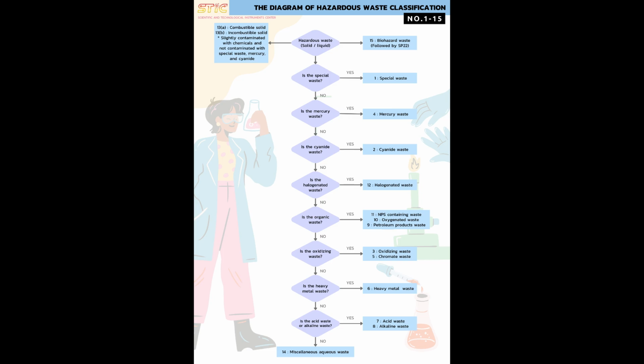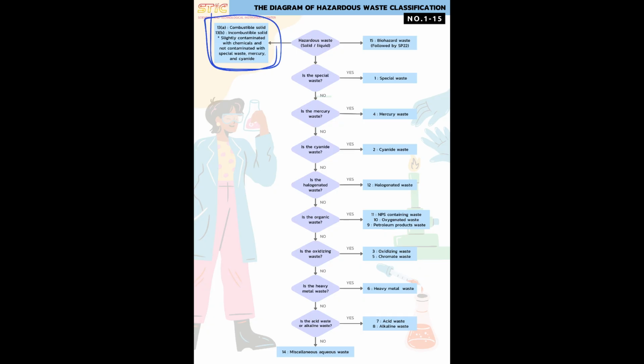If it's neither acidic nor basic, continue to the final classification. Finally, if the waste doesn't match any of the previous categories, it is classified as Category 14, miscellaneous aqueous waste. This includes water-based waste that is only slightly contaminated with chemicals and does not contain special waste, mercury, or cyanide.